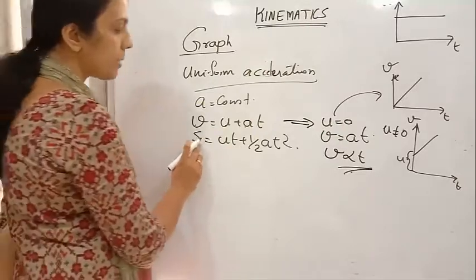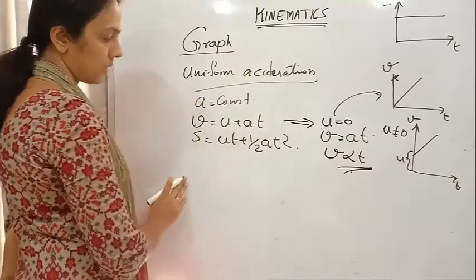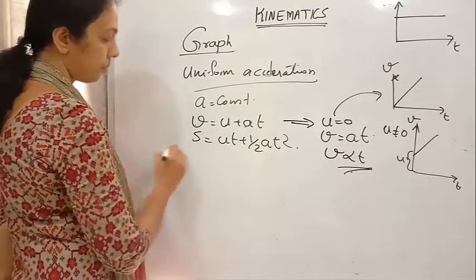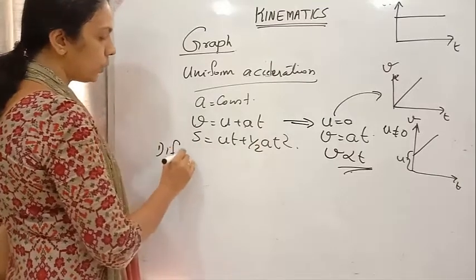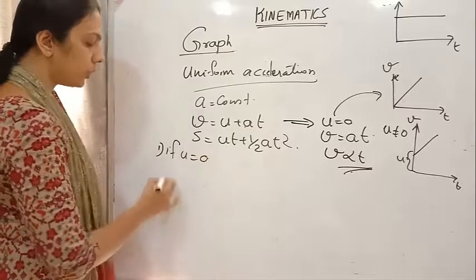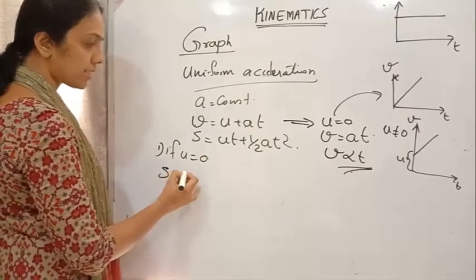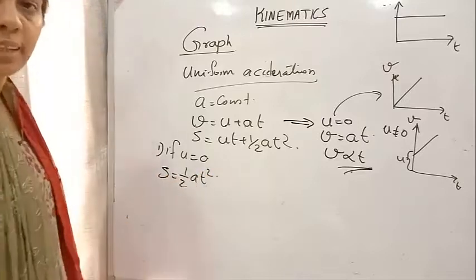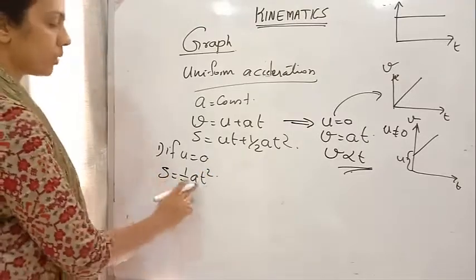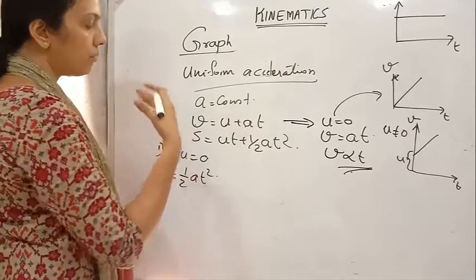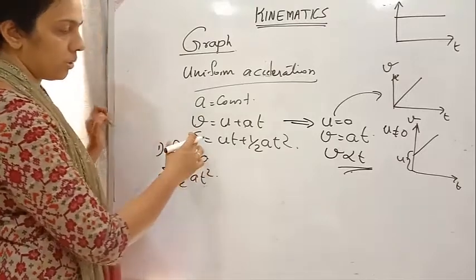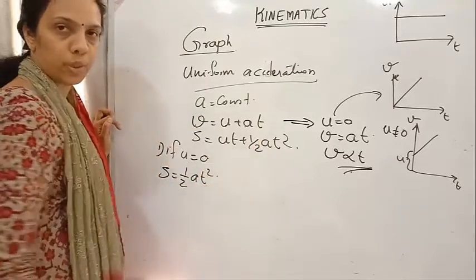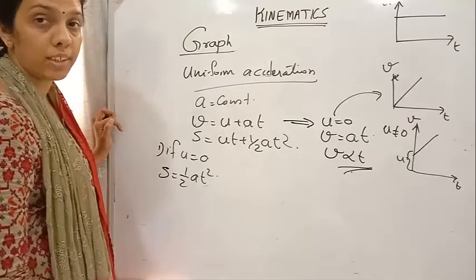Next we are going to explain the displacement time graph. We know that s is equal to ut plus half at square. In the first case, if u equals 0, we can write it as s is equal to half at square. Even if we are not considering u equals 0, this is a quadratic equation, right? s is equal to ut plus half at square.